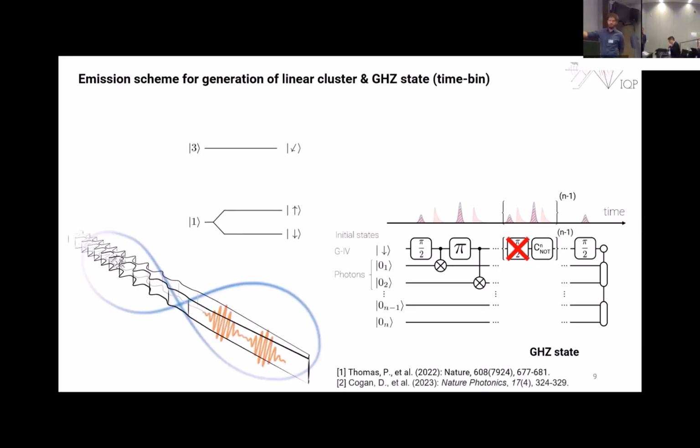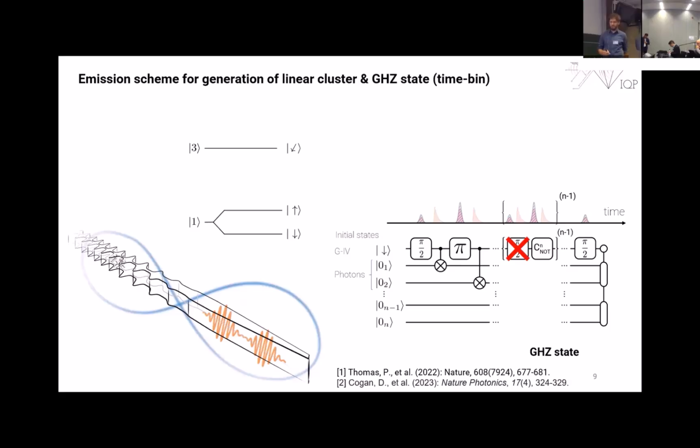So I think in the first reference it was maybe 14 qubits of the GHZ, if I remember correctly. But this is with atoms, and with color centers this has not been done yet. This was something we were working on. But indeed, the efficiency of doing this is very much affected by all the losses.